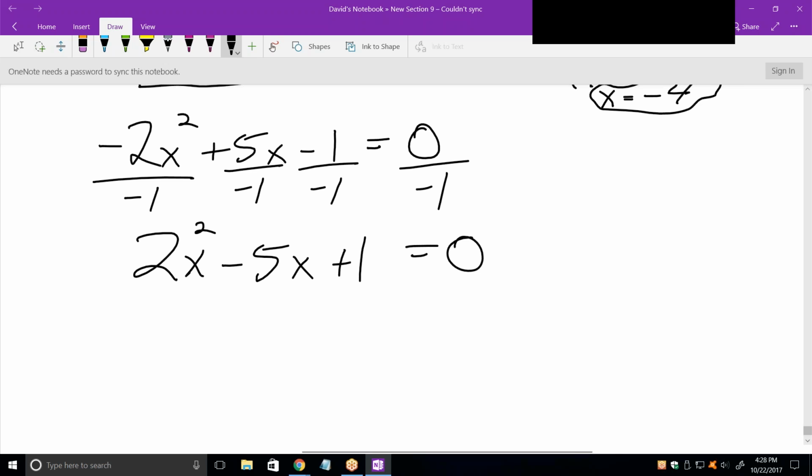Notice that all I had to do was just change the signs in front of each of the three terms. You can do that if you have it equal to 0, because that's the same as dividing everything by minus 1, and 0 divided by minus 1 is still 0. So you can always do that. You can always divide every term on the left by any number you want, and it's not going to change the right side of the equation.